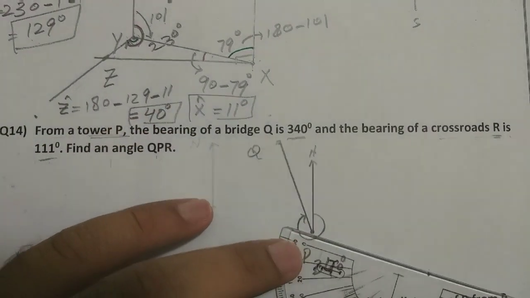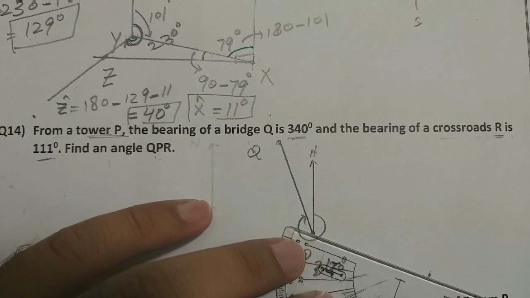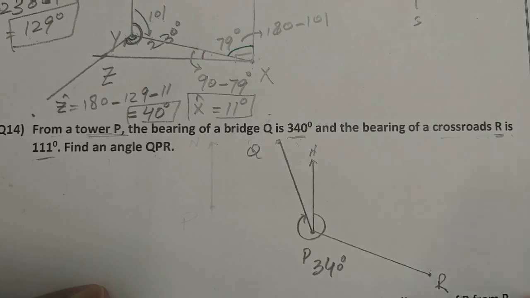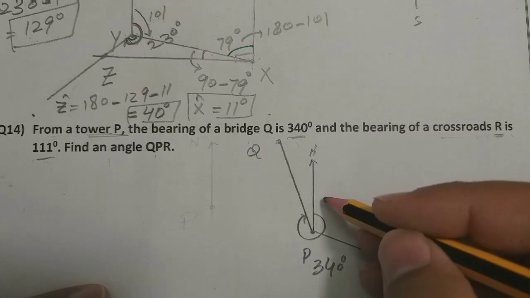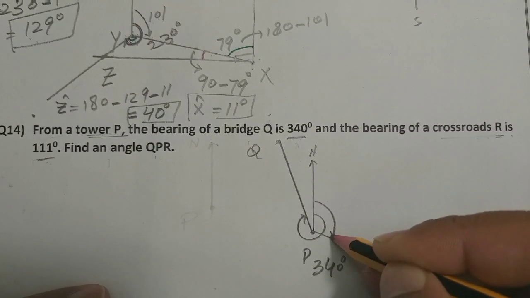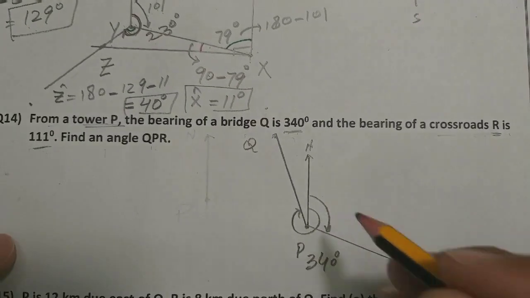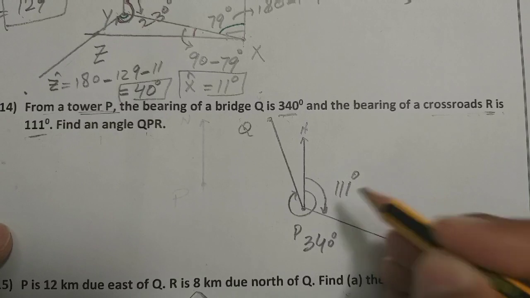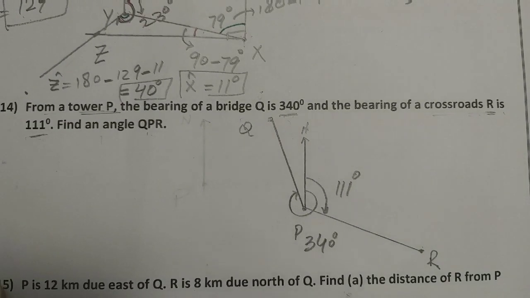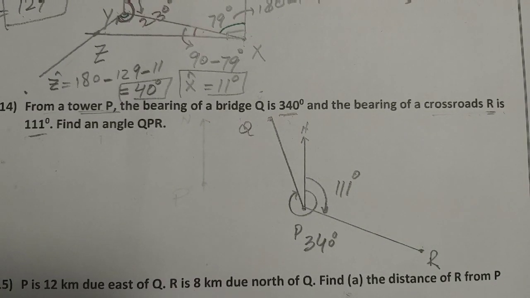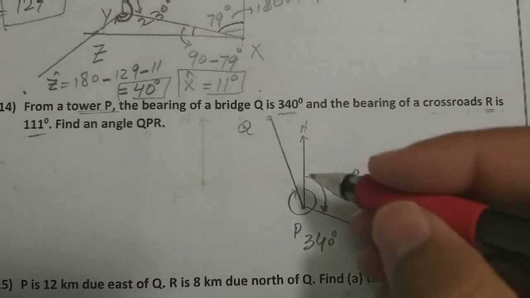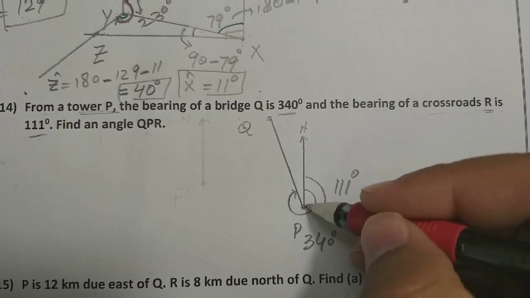If I join these two points, this is P to R, which is the bearing. This is P, this is R. Starting from the north, this is given as 111 degrees. Now we need to find the angle QPR.